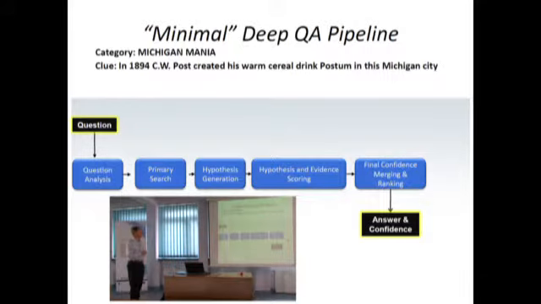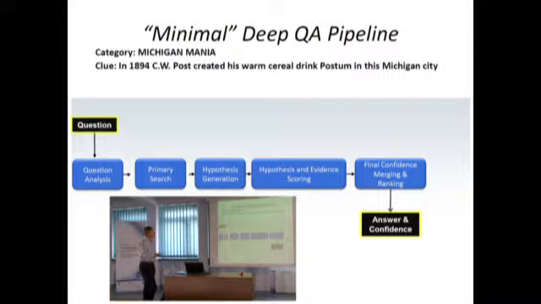Starting with the question: in 1894, C.W. Post created his warm cereal drink Postum in this Michigan city. So we are interested in finding a Michigan city. We find this lexical answer type and the focus of the question from the natural language parse.